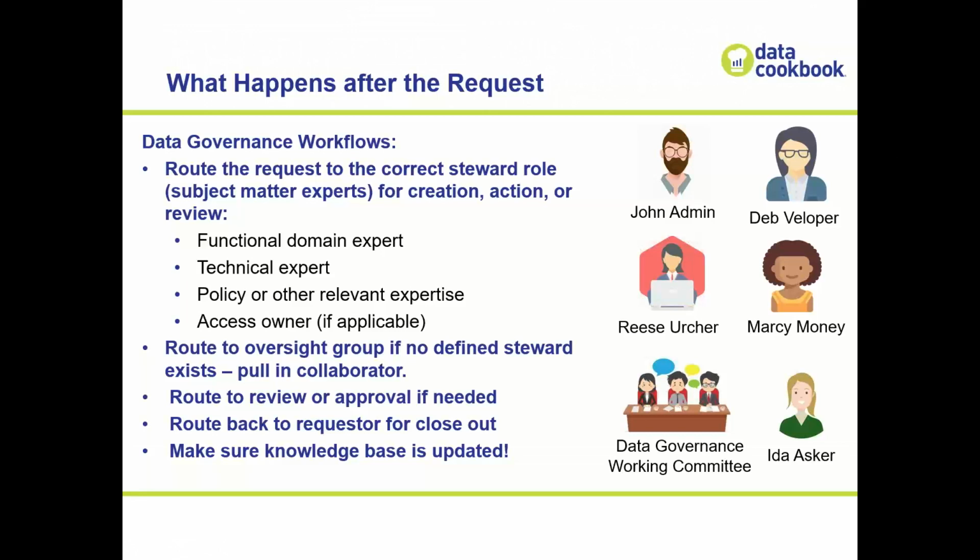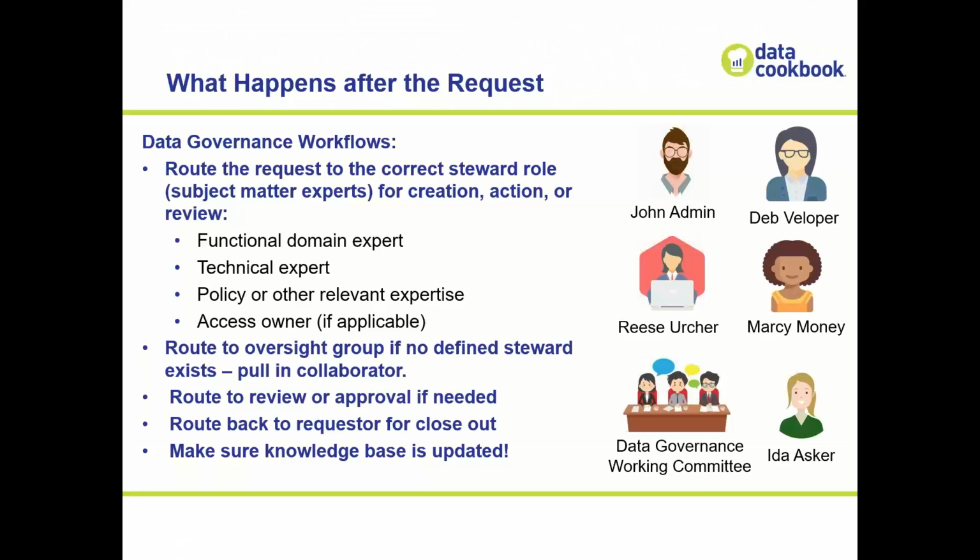So we have a whole best practices on data stewards and the 4 types of data stewards, where we talk about your subject matter experts and your owners and your accountability roles. So that could help you to figure out how to define what those roles are.